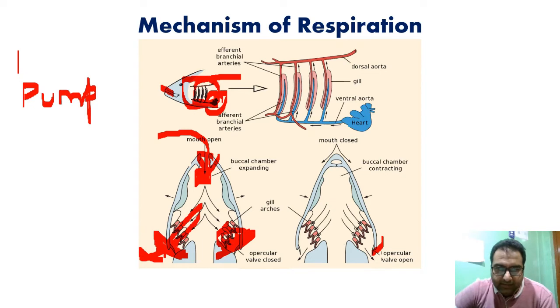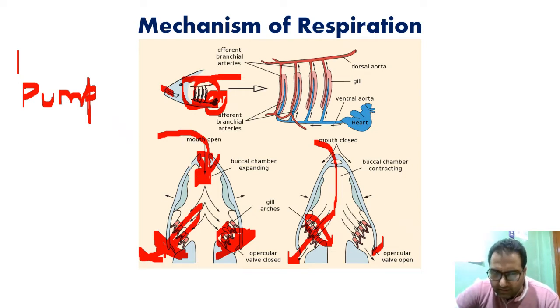Now here is the function of the gill raker, what I was telling you. When the water comes in, it is filtered through the gill rakers, and then it leaves out. By filtering the water, the planktons and food particles get stuck in the gill rakers, and then they are passed onto the alimentary canal, whereas the water leaves out.